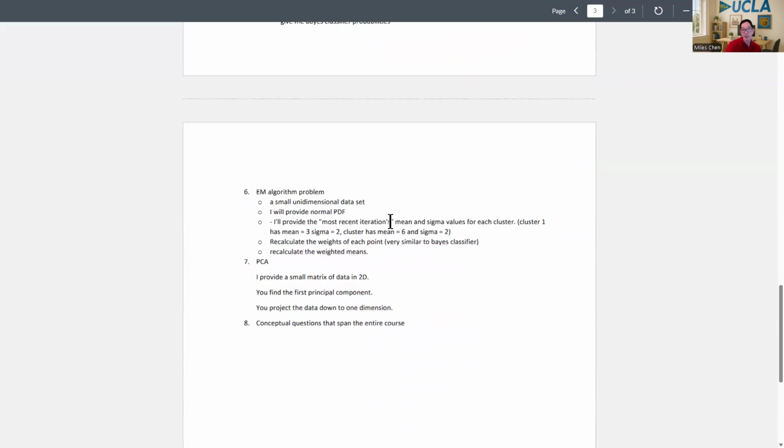Okay. In today's lecture, I will go over the EM algorithm and principal components analysis. For the EM algorithm, I will provide a small data set in one dimension to keep our calculations simple. It'll be like a normal distribution.